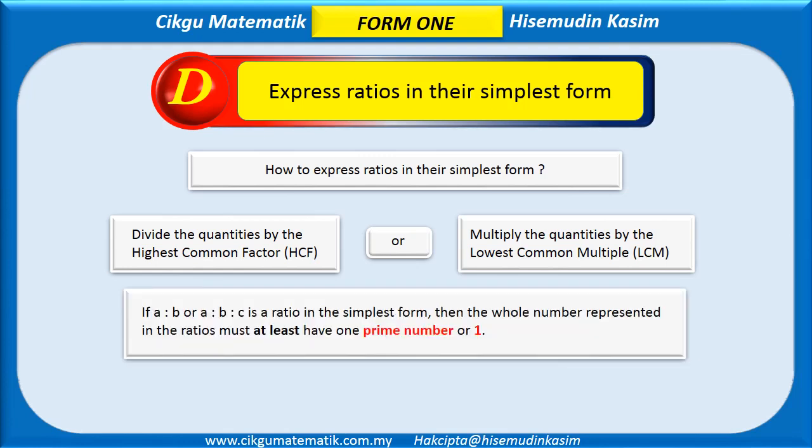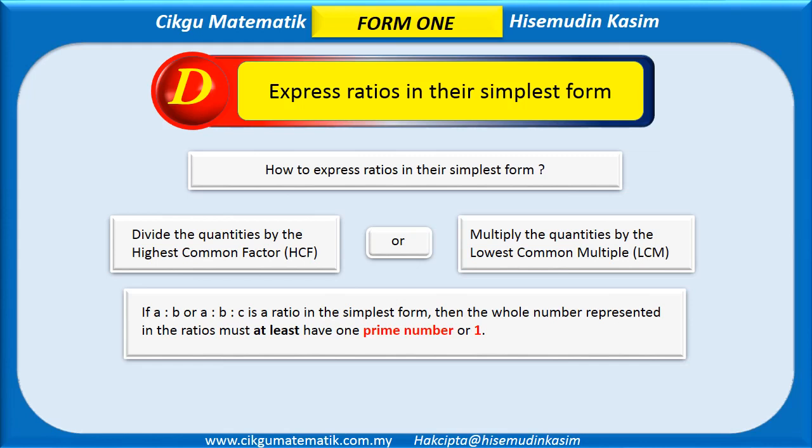If the ratio of A to B or the ratio of A to B to C is in the simplest form, then the whole numbers represented in the ratio must not have a common factor other than 1.